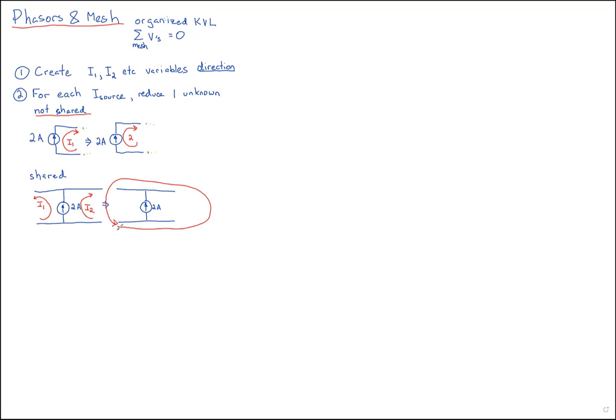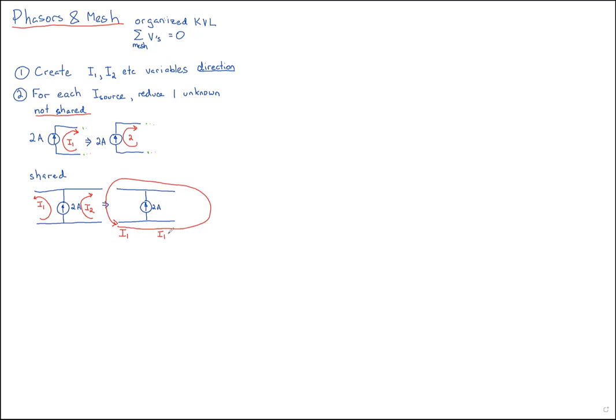Let's call this supermesh I1 on this side. Now I've got I1 circulating around here, and 2 amps peels off it. So Caleb, what are we left with on this side? It's going to be I1 plus 2, or I1 minus 2. It's one of the two.